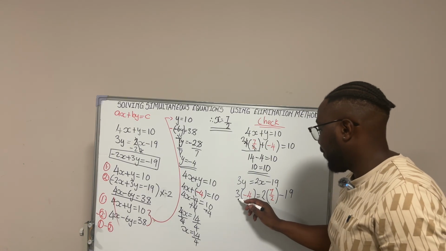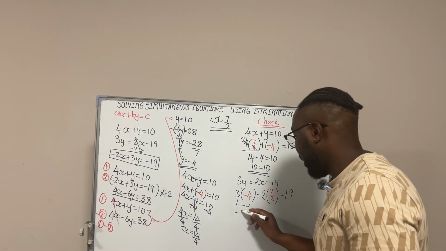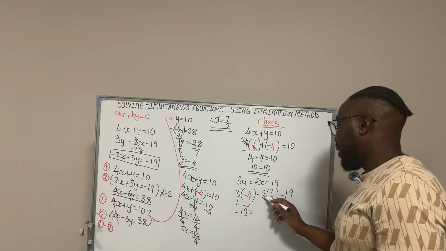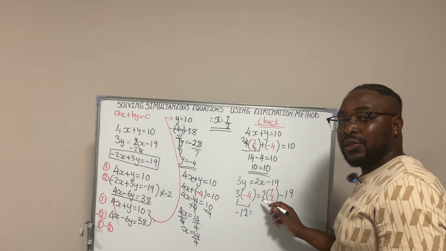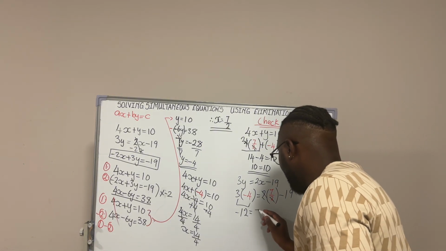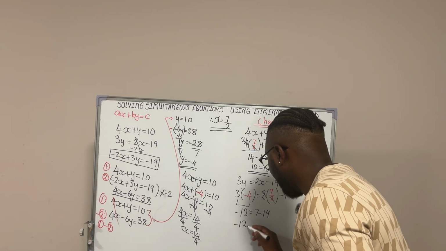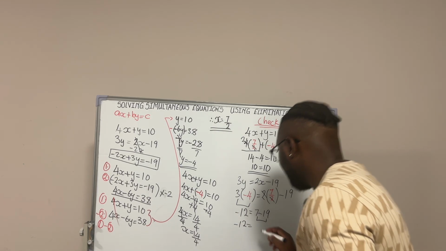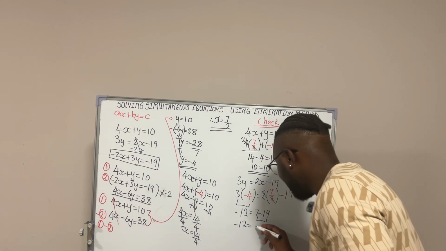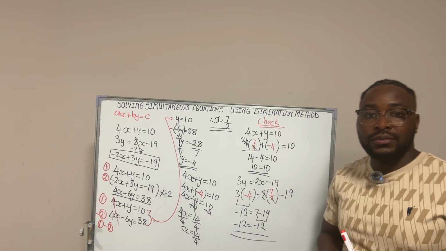Let us simplify. 3 multiplied by negative 4 is negative 12 equal to, if we multiply 2 by 7 over 2, those two cancel out, so we shall just be left with 7 minus 19. So we have negative 12 over here. Let us simplify this part. 7 minus 19 is negative 12. So there we go.